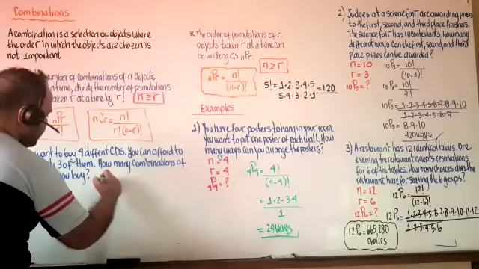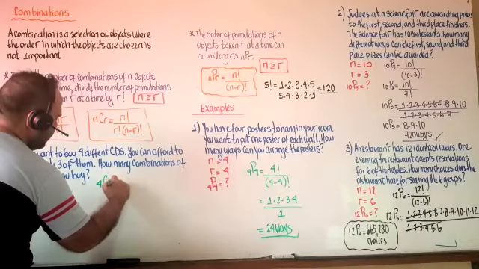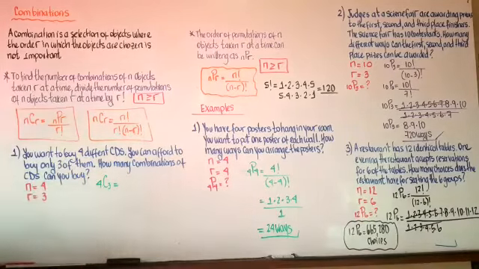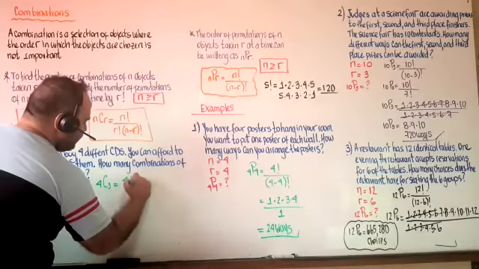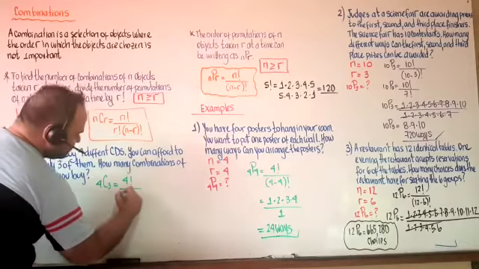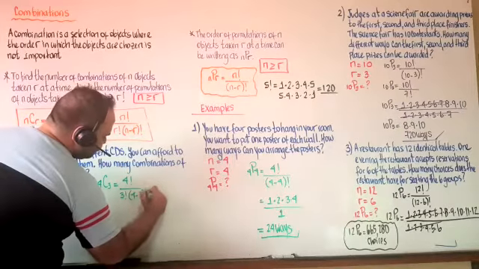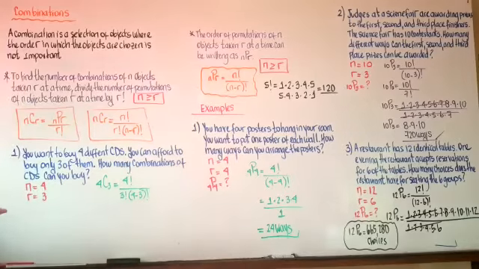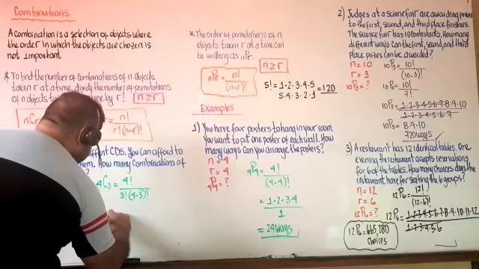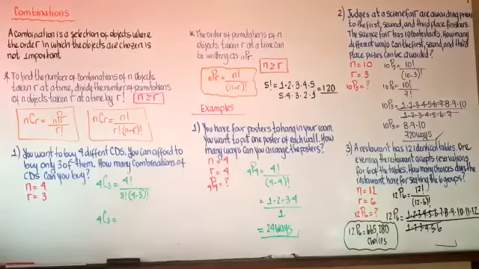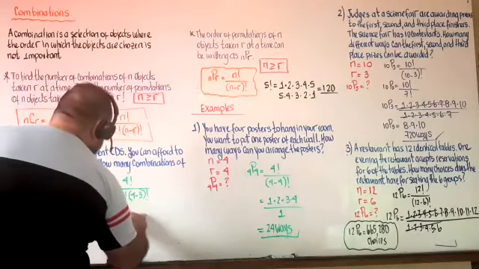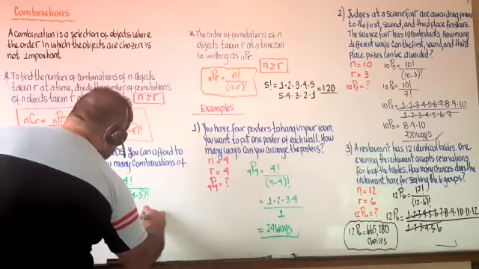So 4 combination 3 will be given by n factorial, which is 4 factorial, divided by 3 factorial multiplied by 4 minus 3 factorial. Remember, 4 factorial is the product of 1 until 4, in increasing or decreasing order, it doesn't matter: 1, 2, 3, 4.